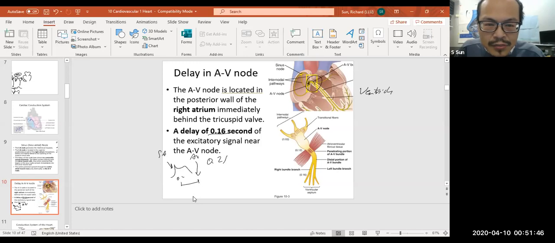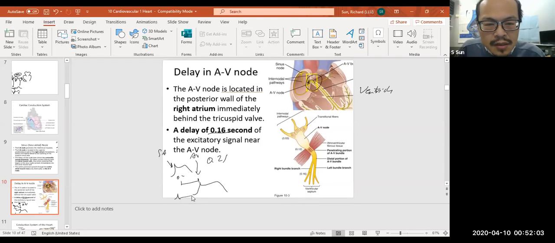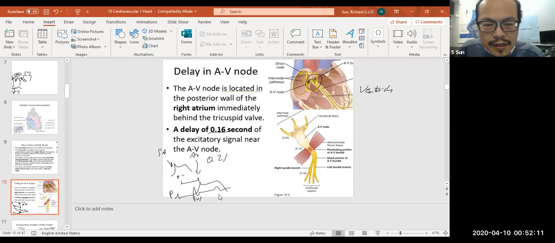Then the AV node jumps in to trigger another action potential to the ventricle. So that has to have about 0.2 or 0.16 second delay. And that will lead to that here we have P, QRS, T. So this P, QRS, and T.